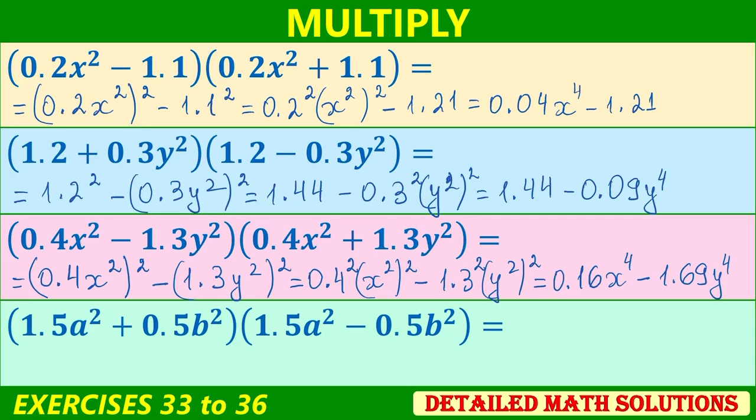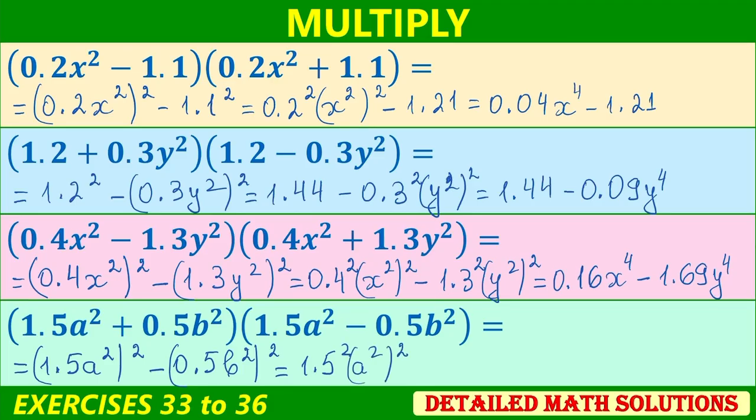Again, when I apply the formula, this equals (1.5a squared) squared minus (0.5b squared) squared, which equals (1.5 squared multiplied by a squared) squared minus (0.5 squared multiplied by b squared) squared, which equals 2.25 a to the fourth power minus 0.25 b to the fourth power.